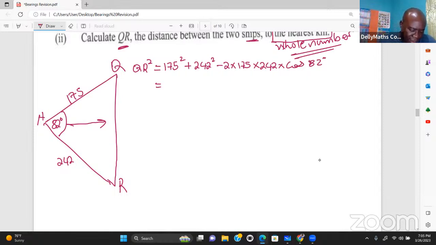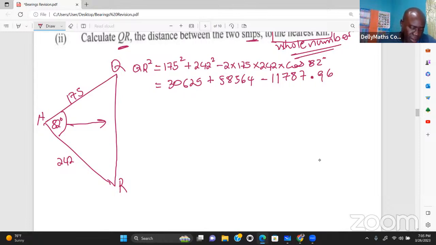So it's a matter of calculator now. 175 square is about 30,625, and 242 square is 58,564. And then we're going to put minus 2 times 175 times 242 times the cosine of 82 degrees. And we're getting -11,787.96.